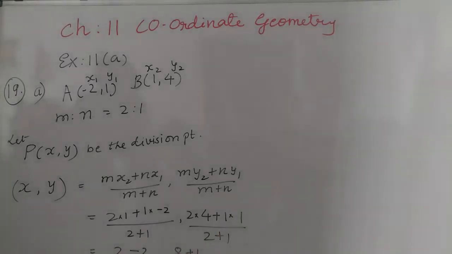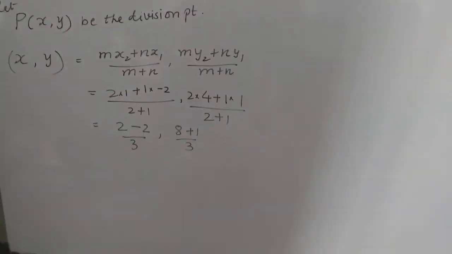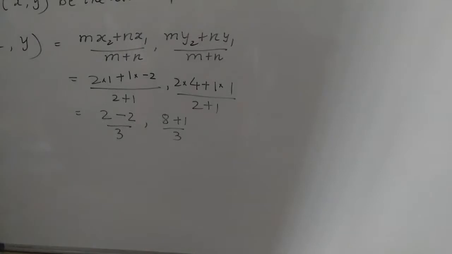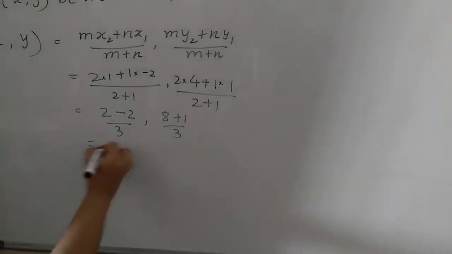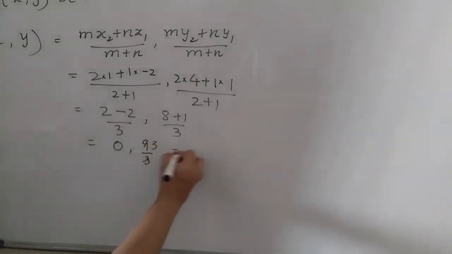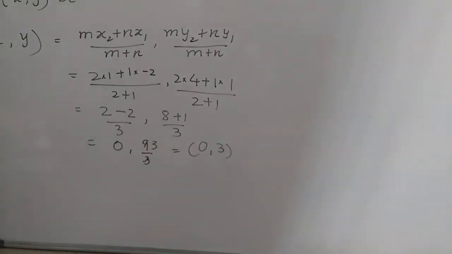Here 2 - 2 gets 0, and 0/3 is 0 only. And (8 + 1)/3 is 9/3, which is 3. So the coordinates of point P will be (0, 3). Our answer to number 19 is that point P's coordinates are (0, 3).